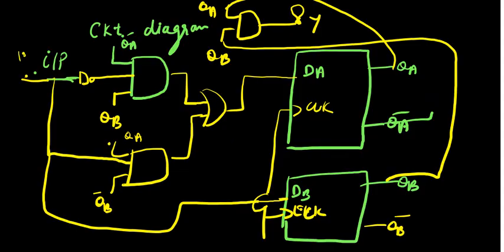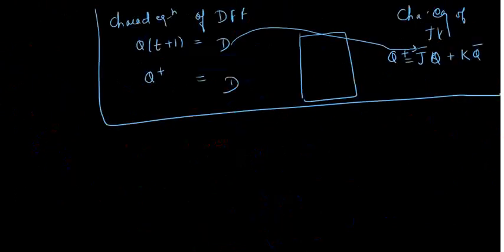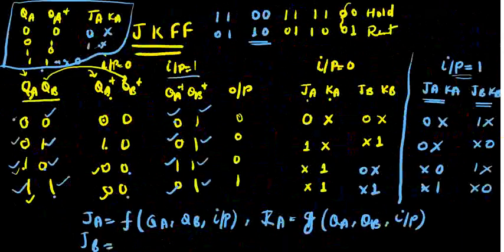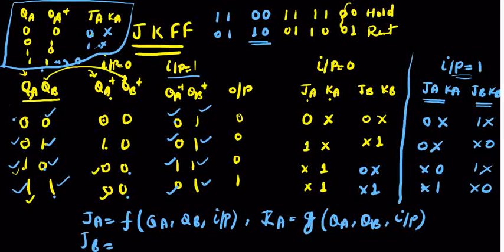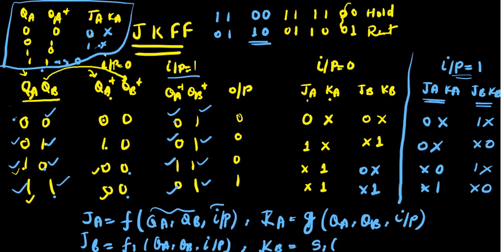Because our aim is to get the combinational circuit which will give you this excitation. So combinational circuit means this function. What I'm saying is that JA is some combinational function of the previous state and the input. So F1 of QA, QB, input, and KB is G1 of QA, QB and the input.